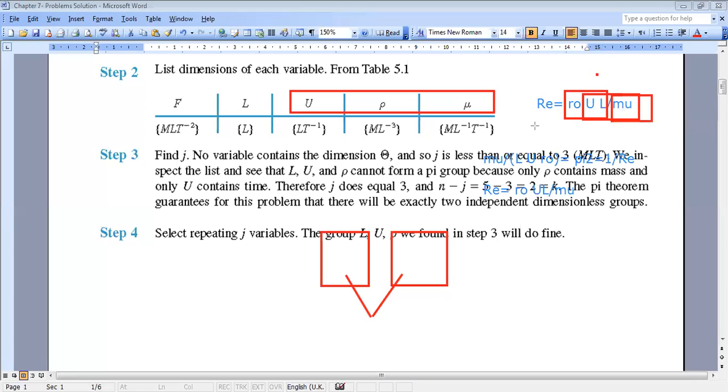If you just know some dimensionless group, you can directly deduce what are 3 variables that cannot form a group. Okay, so if you just know Reynolds, you can say I can choose rho with U with L, or U with L with mu, or mu with L and rho, or mu with U and rho. And you have several possibilities. Okay, but whatever you do, at the end you will obtain the same groups. Whatever you choose, U, rho and mu, or L and rho, the groups are the same at the end.